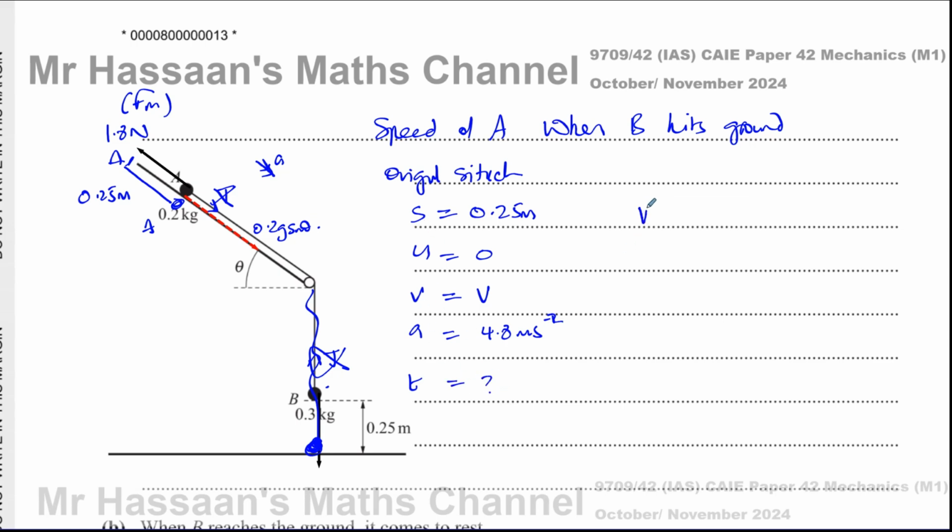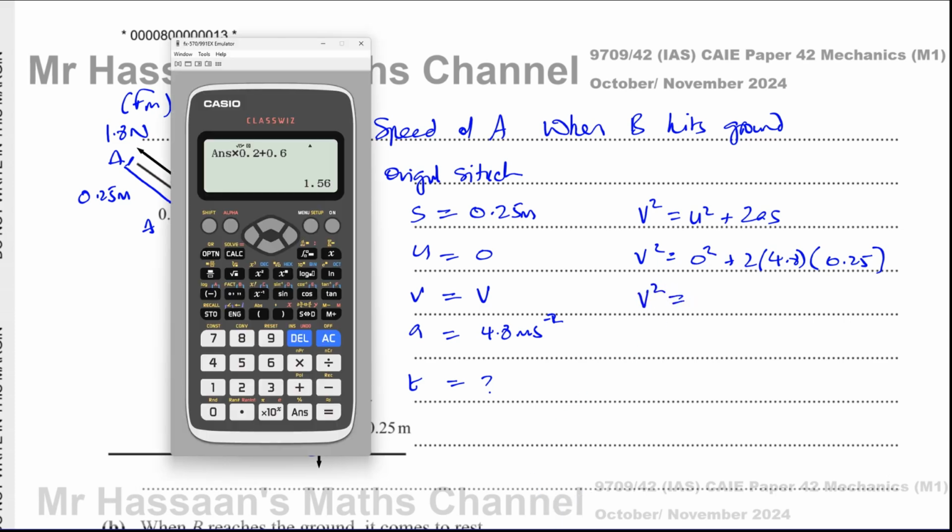But we can use v squared equals u squared plus 2as to work out this speed. So v squared is equal to 0 squared plus 2 times 4.8 times the distance 0.25.